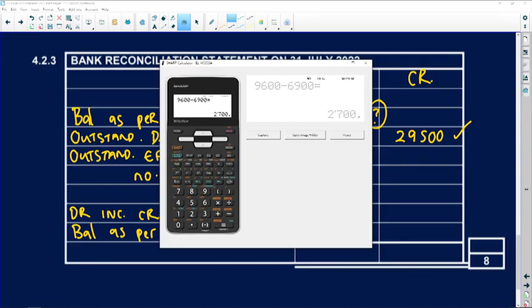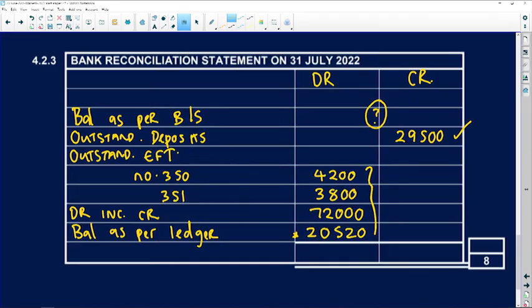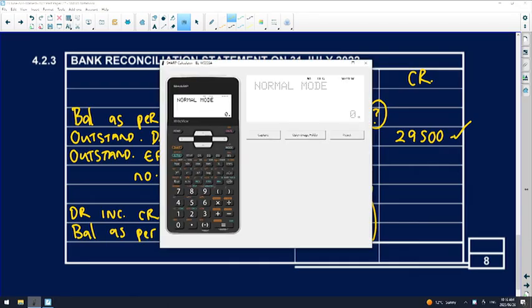Right, so we obviously, let's clear that. We are going to add all our debits, right, minus the amount on the credit side. Okay, so let's do that. So we've got an amount of 4,200.